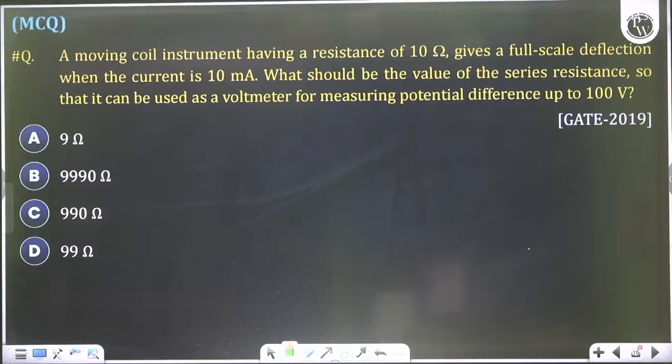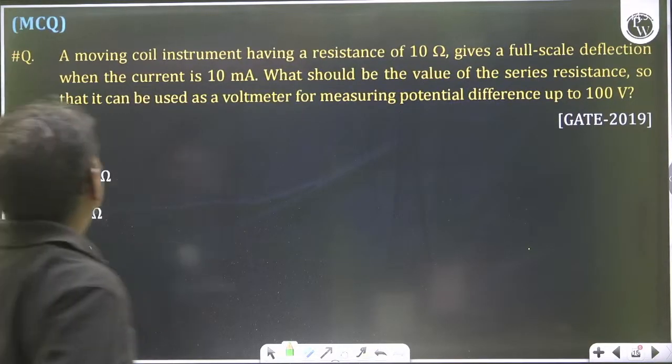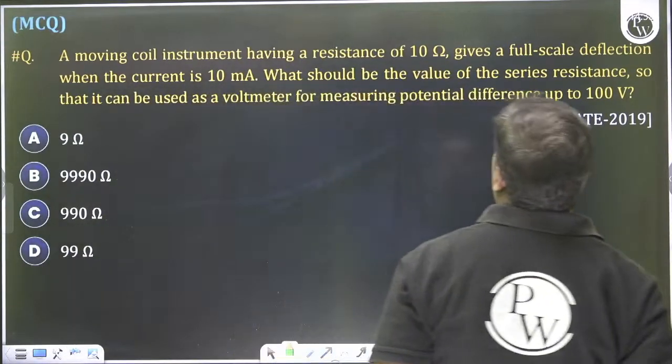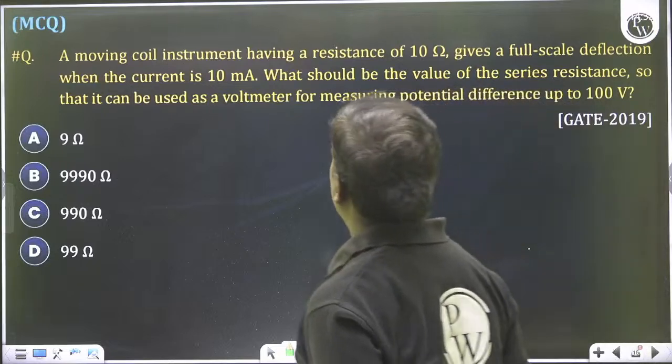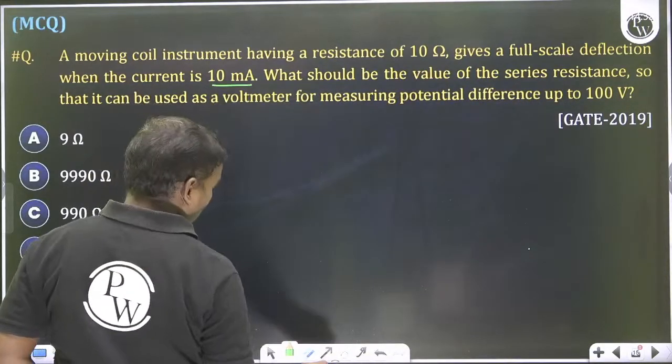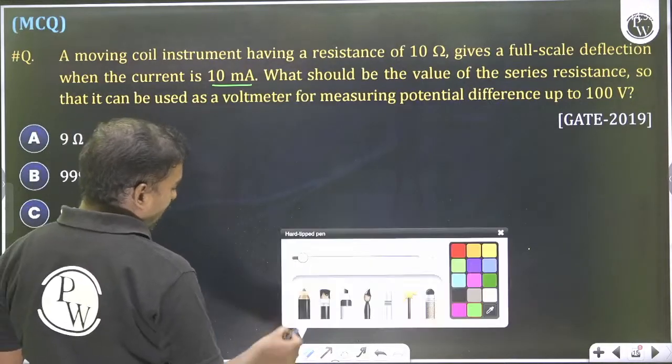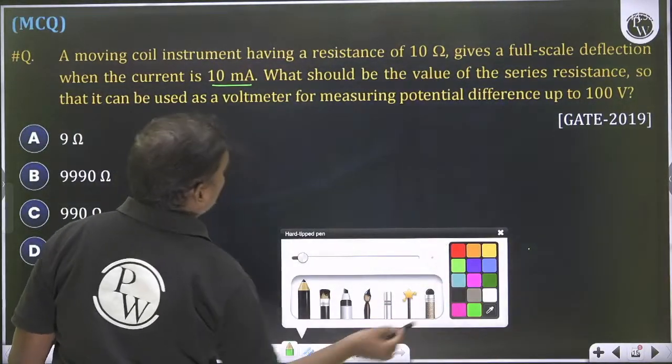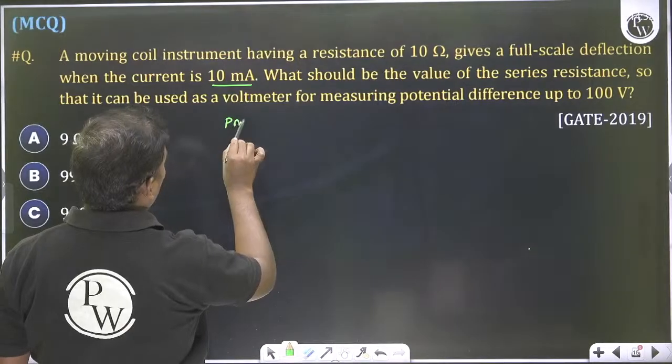Answer please. So what is the question asked? The moving coil instrument having a resistance of 10 ohms gives a full scale deflection when the current is 10 milliamperes. Okay, so we can use this as a PMMC ammeter.